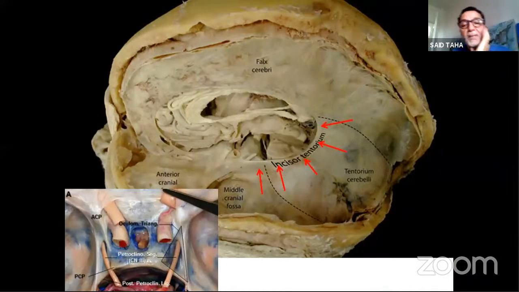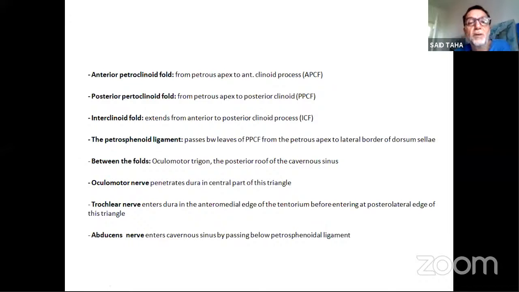We continue. These folds demarcate what we know as the oculomotor triangle. This is the anterior fold. This is the posterior fold. And here we have the anteroclinoidal fold. The anterior petroclinoidal fold comes from the petrous apex to the anterior clinoid process.